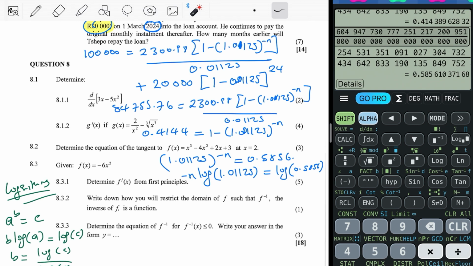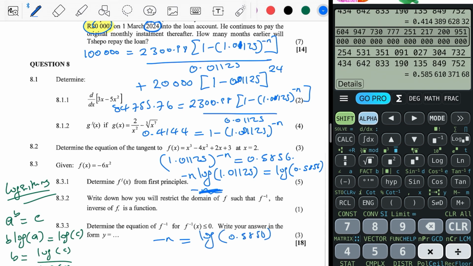Okay, so you're gonna have that, and then your negative n is gonna be what? Negative n is gonna be log of 0.5856, and that's your answer, in your calculator, divided by log of 1.01125.